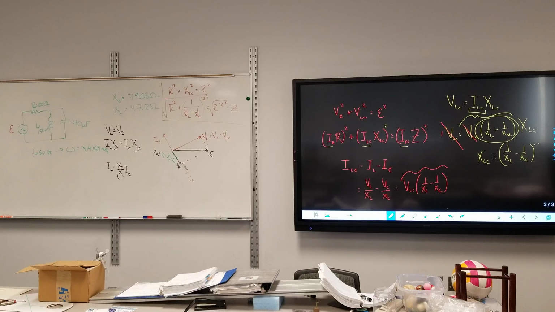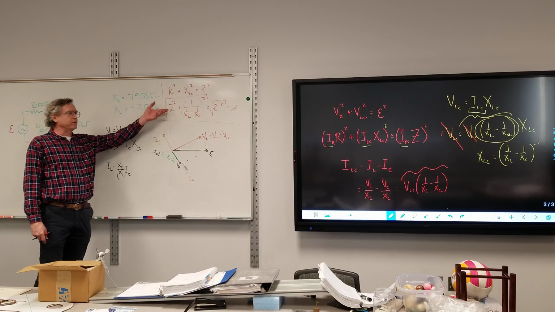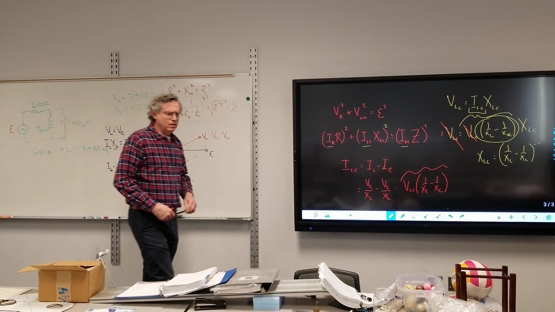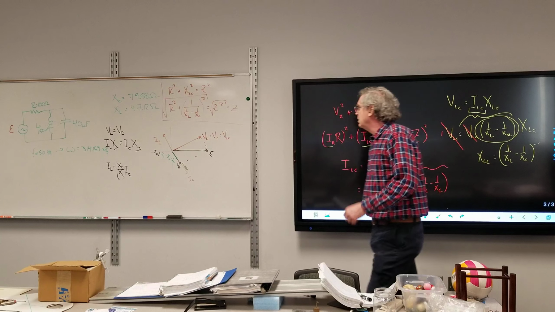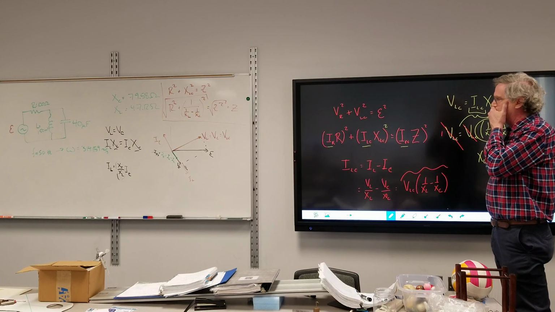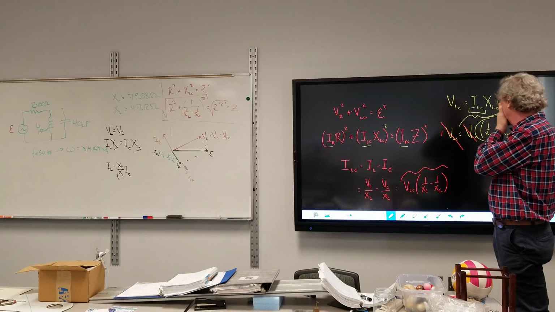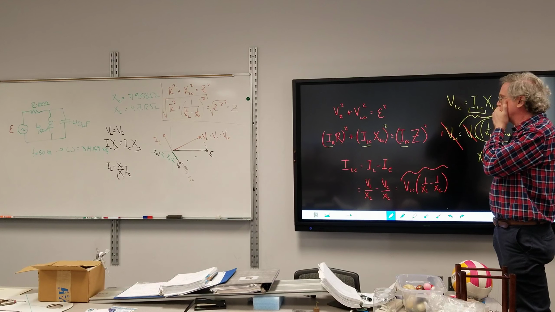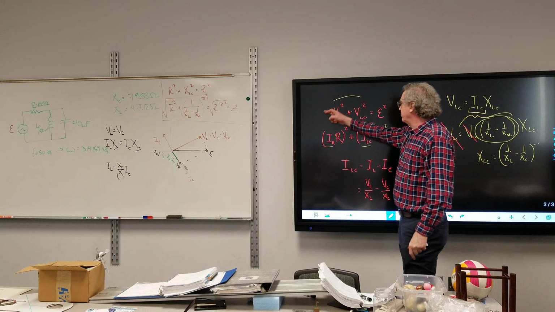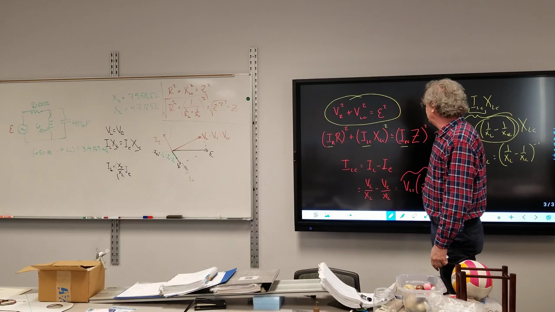Now we'll acknowledge this is one of the harder problems. Coming up with the phasor diagram, I think is perfectly within scope. This is a little bit of a stretch. Coming up with this relationship definitely is doable.